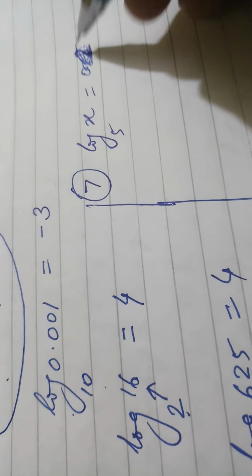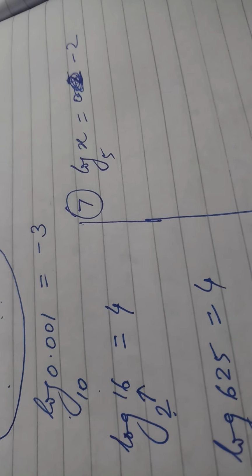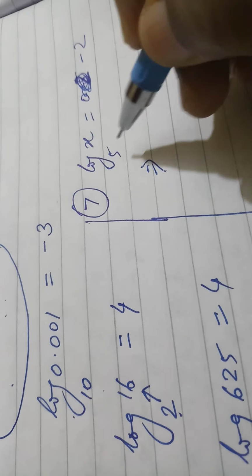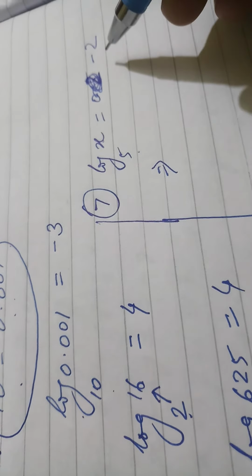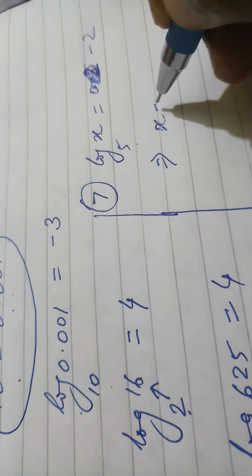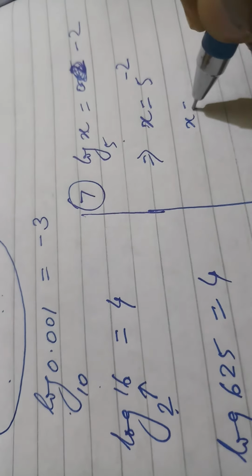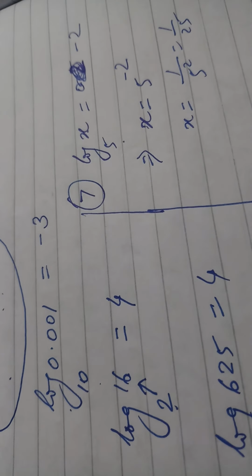No, suppose this is minus 2. So in this case, log of x for the base 5 equals to minus 2. It means x will be equal to 5 to the power minus 2. So x equals to 1 upon 5 square, which is 1 upon 25.